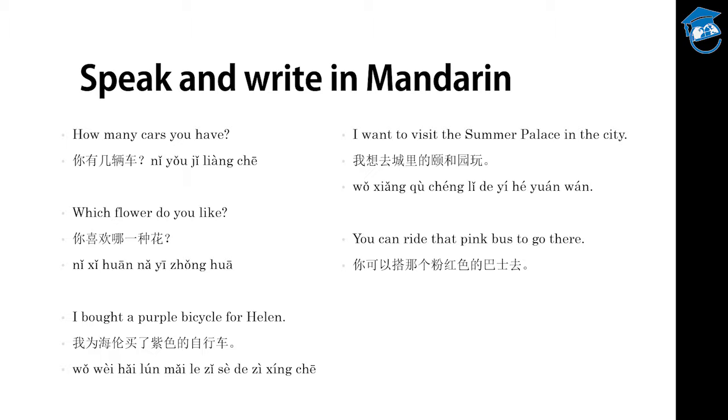Okay, so it should be very straightforward. So you can 你可以搭 ride 那个粉红色的巴士 that pink bus 去 to go there. Okay, and of course if you want to say 去那里 that's fine, but it is understood that you are going there. Okay, so in this case you can omit it if you don't really want to say it.